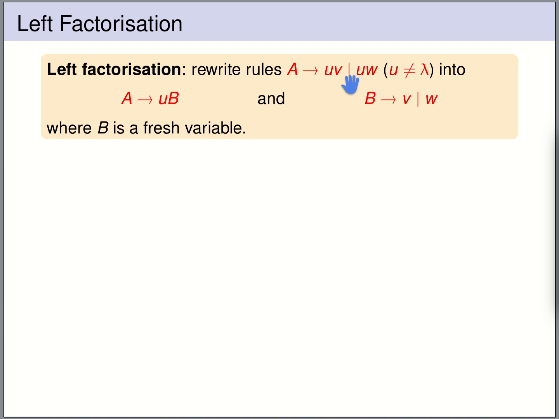Now this grammar is not LL1, because if the input starts with the first letter from u, then we cannot decide whether to apply the first or the second rule. However, we can transform this grammar in such a way that it may become LL1. The idea is that we introduce a fresh variable B, and we say that A rewrites to u B, so u is this common prefix. And after having produced u, then B takes care of producing either v or w.